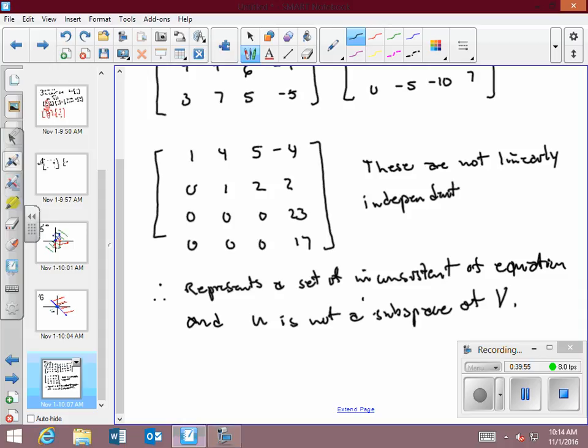If they were free variables, then we have the 2 pivot points. If we had free variables, then it would be. We don't have the free variables.